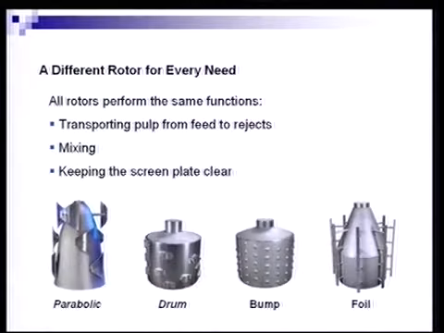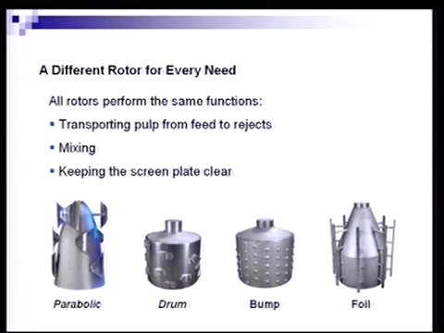The parabolic rotor, for instance, the one here on the far left. The parabolic rotor is designed such that, as we accept, this is the feed end of the rotor, so as we pull stock in and we start to take off the water and the short fibers off the top end of the screen cylinder, then the volume decreases inside the screen cylinder.